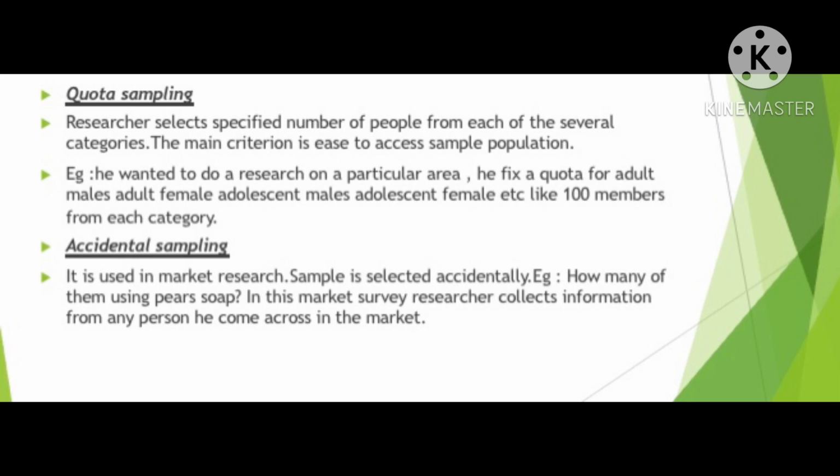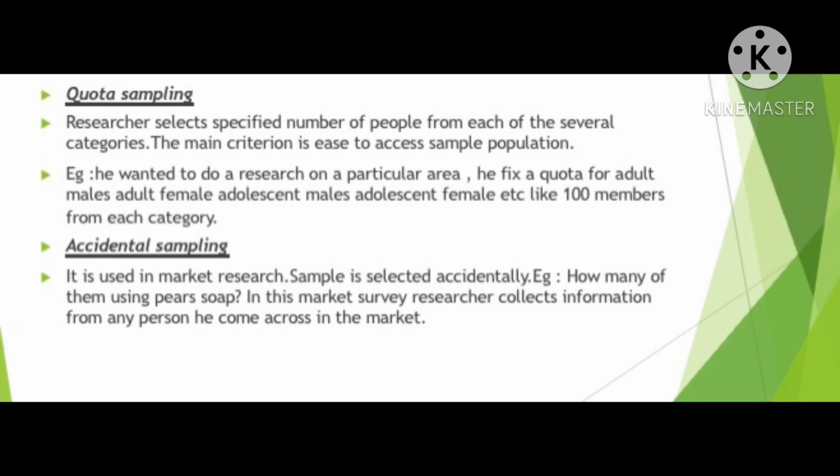So the researcher selects a specified number of people from each of several categories. The main criterion is access to the sample: how easily I can access the sample, based on that the researcher selects. For example, a researcher wanted to do research on a particular area.